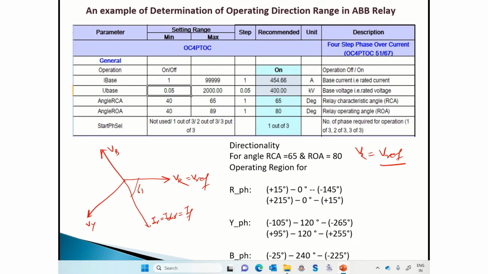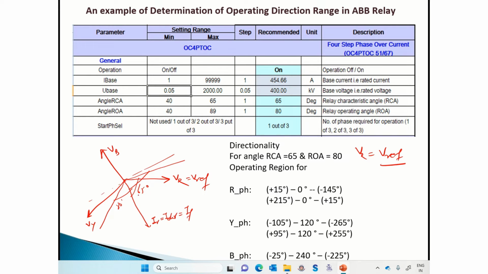So this is 65 degrees. Then comes the operating region. If nothing is given, it should be plus minus 90 degrees from here. But now in this relay, the ROA is given, that is 80 degrees. So you just draw 80 degrees from here, and also from here you have to draw 80 degrees. So you can just draw like this, 80 degrees.